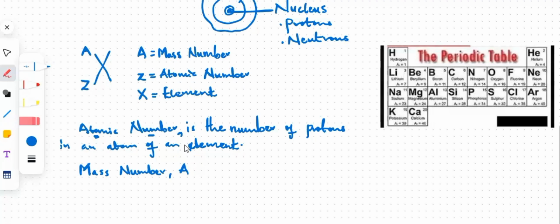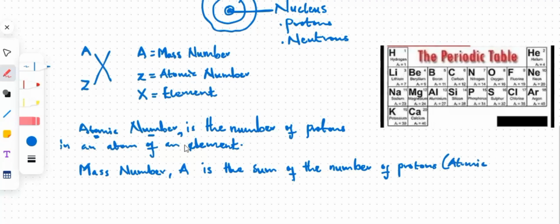We said atomic number is the number of protons in an atom of an element, while mass number A is the sum of the number of protons, that is the atomic number, and the number of neutrons in an atom of an element.